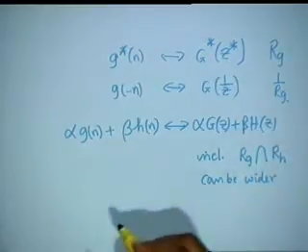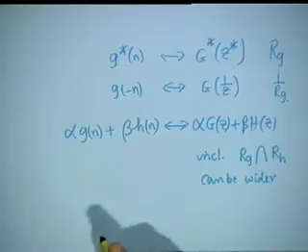And I explained why it can be wider, because there can be cancellations of zeros and poles, there can be cancellations of terms also.